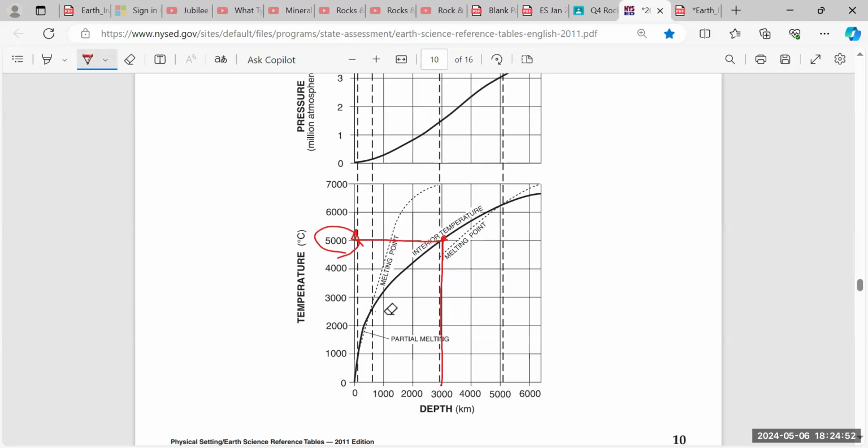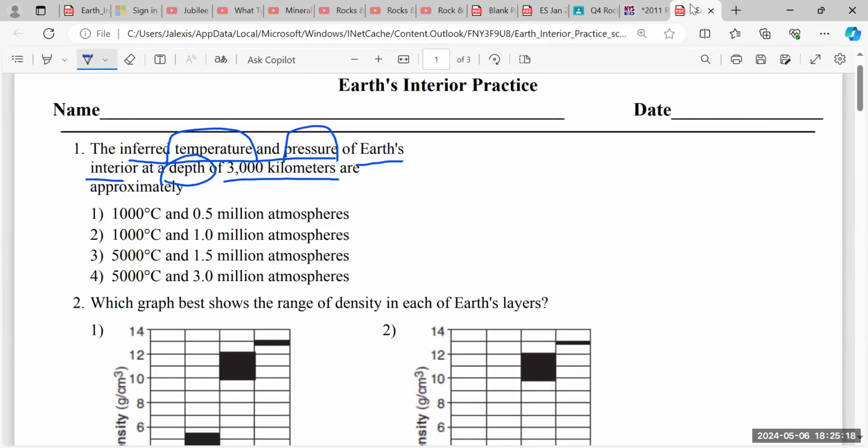Then to find the pressure, I'm staying on that 3,000 line until I hit that black bold line, and when I look to the left, it looks halfway between 1 and 2. So it definitely looks like 1.5 million atmospheres. And so the answer that shows 5,000 degrees Celsius and 1.5 is going to be, I apologize, choice 3.